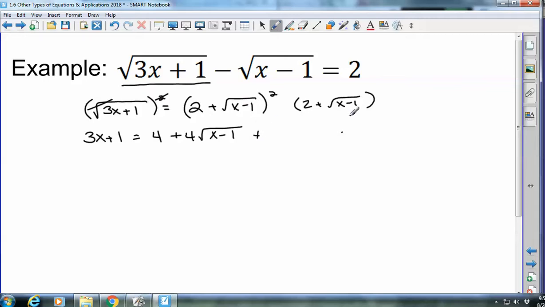Plus the last radical x minus 1 times radical x minus 1. It's just x minus 1. Everybody get to that step?